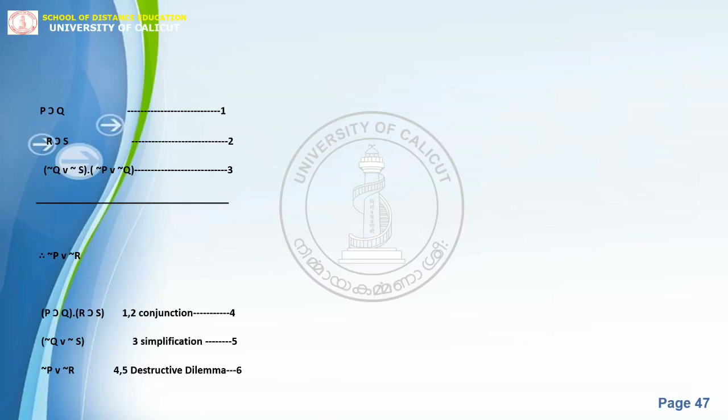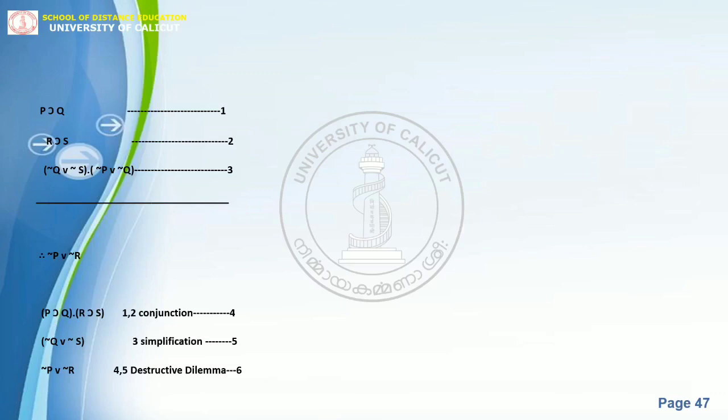For that we should have in our mind which rules of inference will help us in getting the answer. Here, first what I have done is the first and second statements are added, or conjunction, that is 1-2 conjunction.